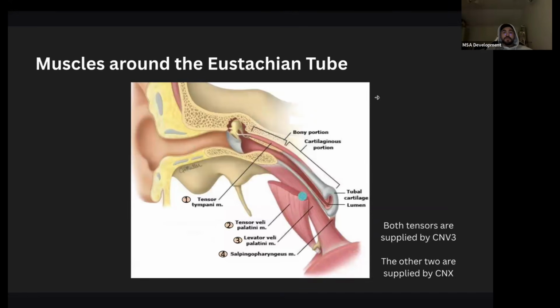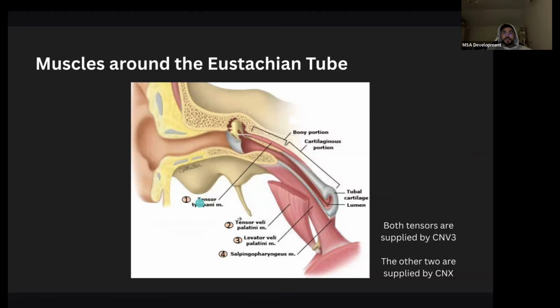And then these are the muscles around the eustachian tube. So you have your tensor tympani. Look at it, it's a beautiful long muscle. This is going to be the tensor palatini muscle, this is going to be the levator palatini muscle, and this is going to be the salpingopharyngeus muscle.